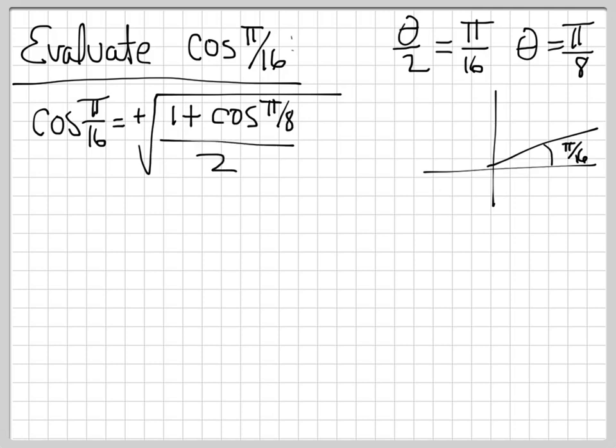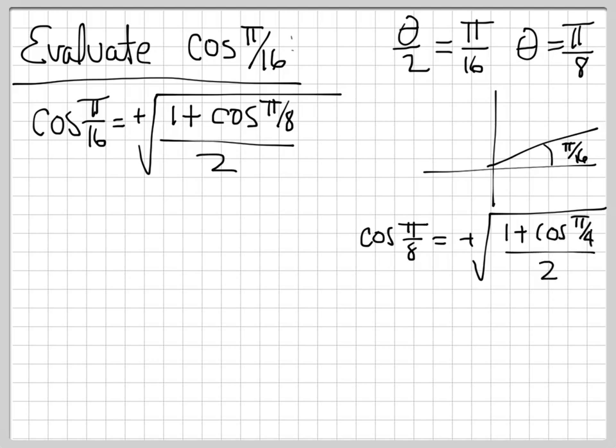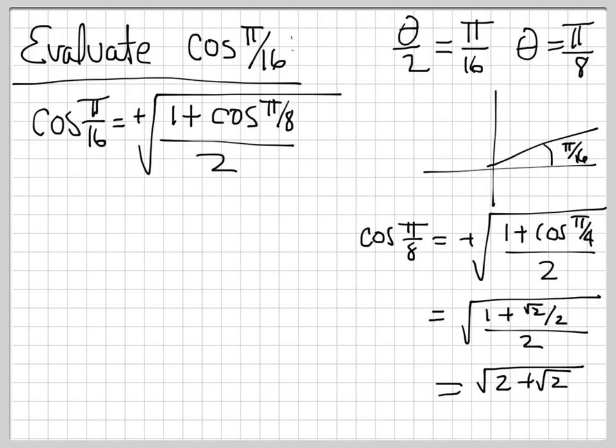Now over here, cosine of pi over 8 is the positive square root of 1 plus cosine of pi over 4 over 2, which is the square root of 1 plus radical 2 over 2 over 2, which is the square root of 2 plus radical 2 all over 2.